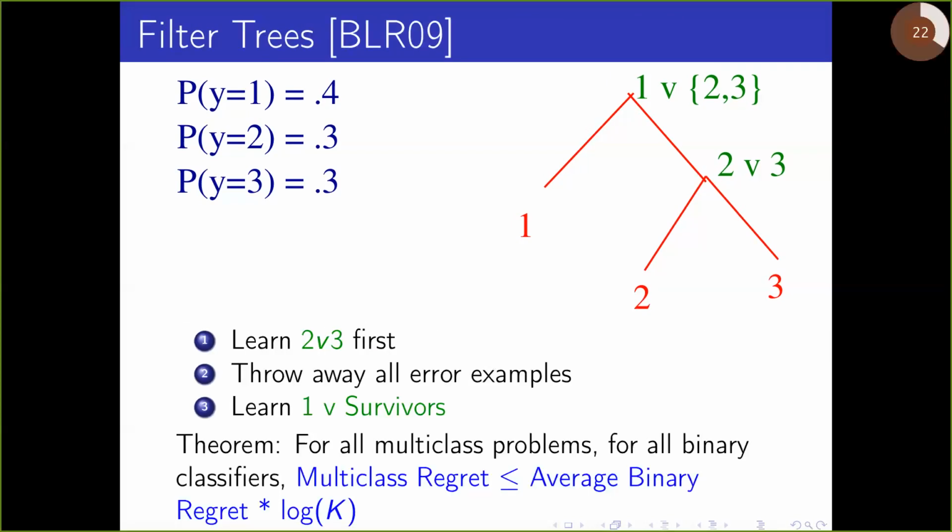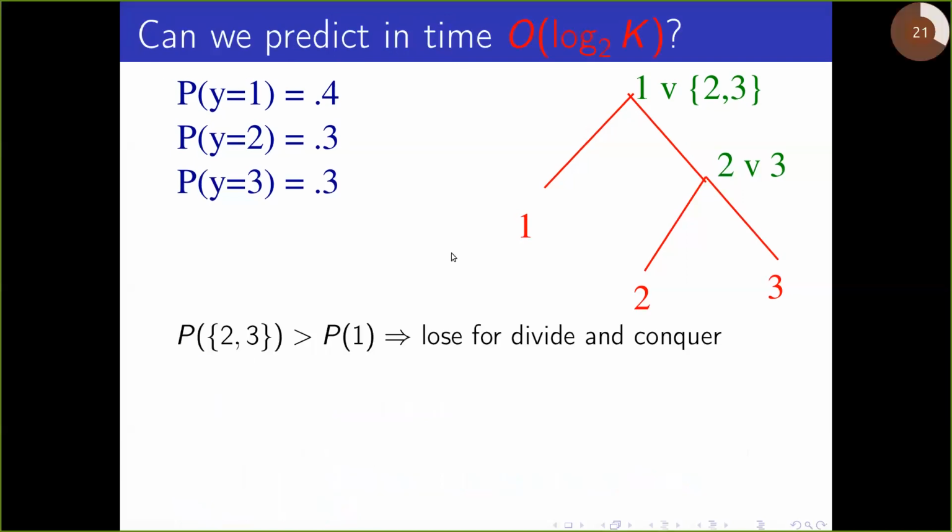But if we throw away the errors and the classifier at the lower levels is correct, then we're actually comparing, instead of the probability of 2 or 3, the maximum of the probability of 2 or the probability of 3 compared to the probability of 1. Right, so we switch from an OR to a max.